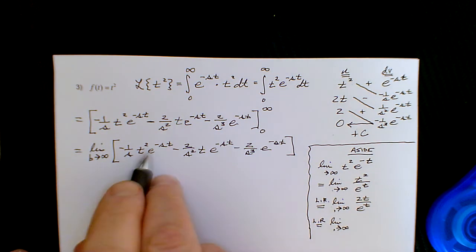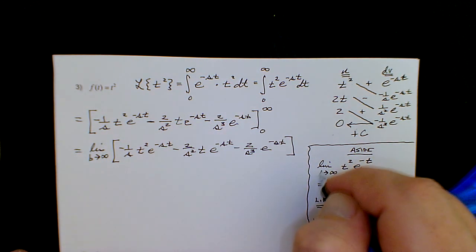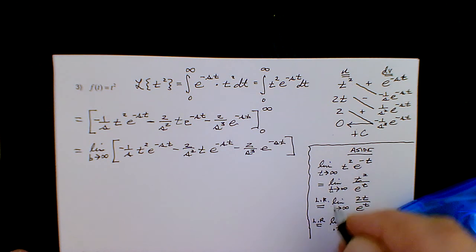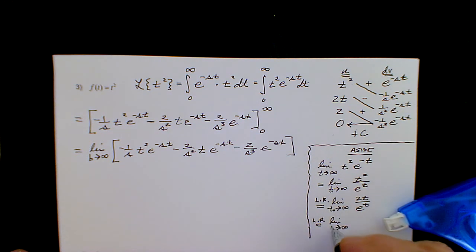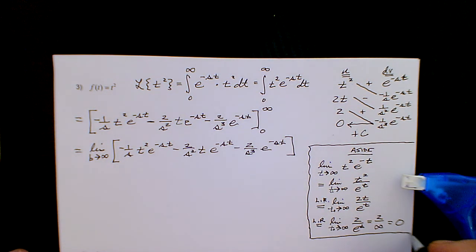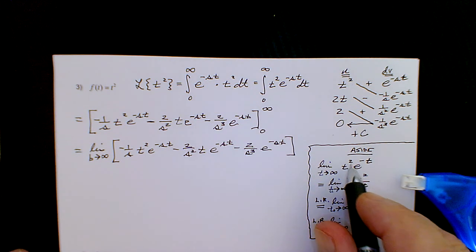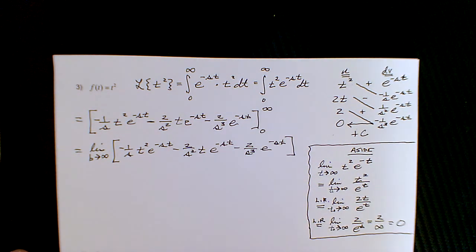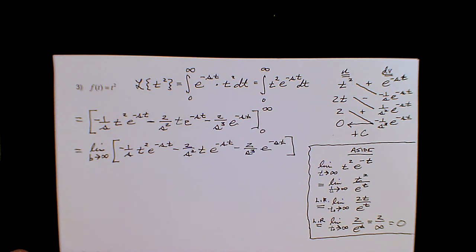It doesn't matter if it's t or b, because we're going to replace the t's by the b's. Now you'd get 2 over e to the t, and that would be 2 over infinity, which is 0. Now this can be shown for any power n, any power t to the nth times e to the negative t is going to tend towards 0. And that's basically because e gets to infinity a lot faster than t to a power does.